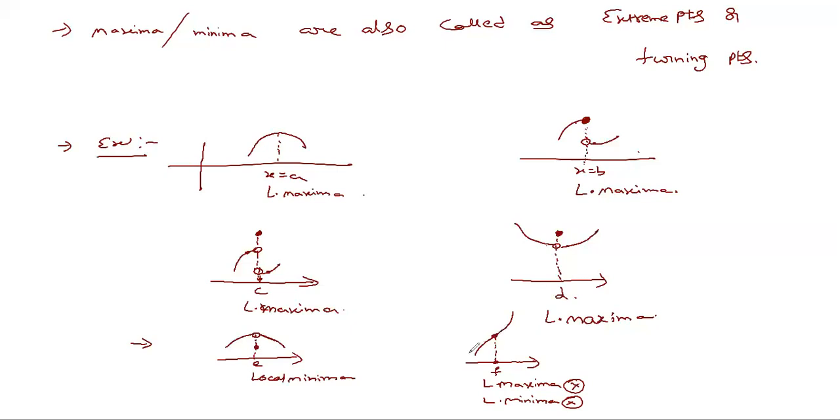Understand, this is going on like this. And moreover, for such types of functions also, take a point A. Local maxima and local minima do not exist at A.